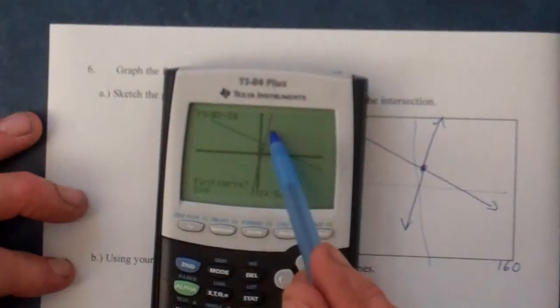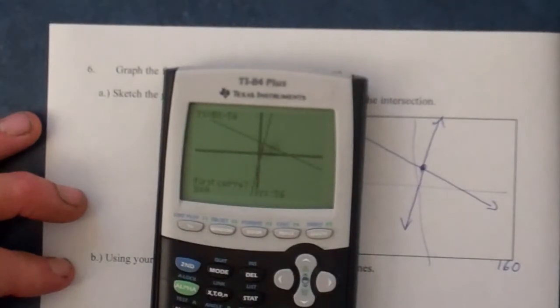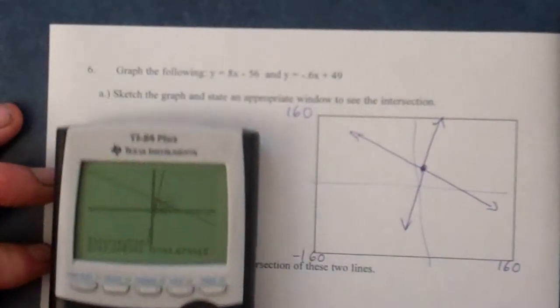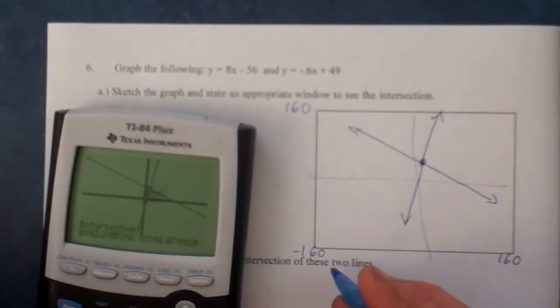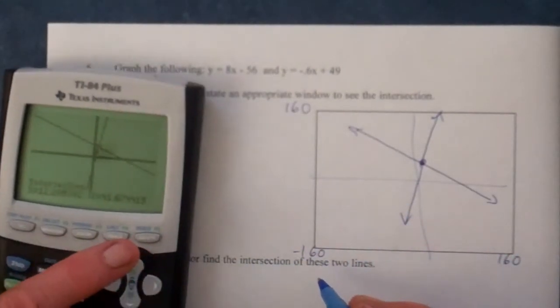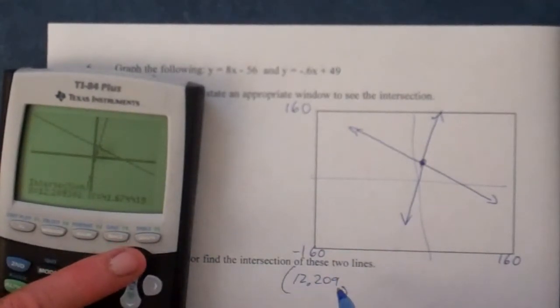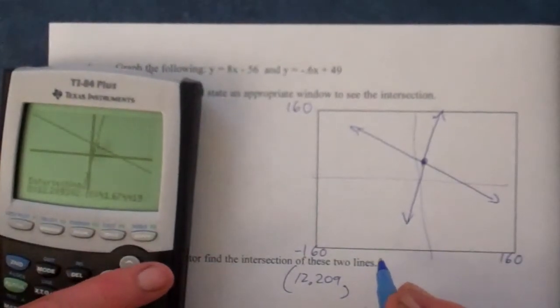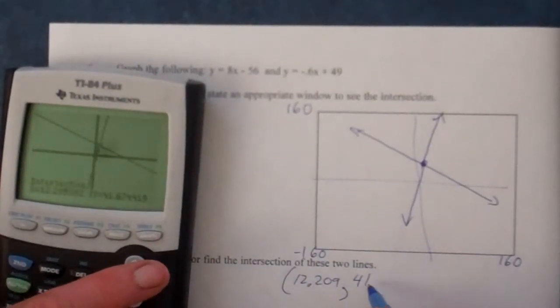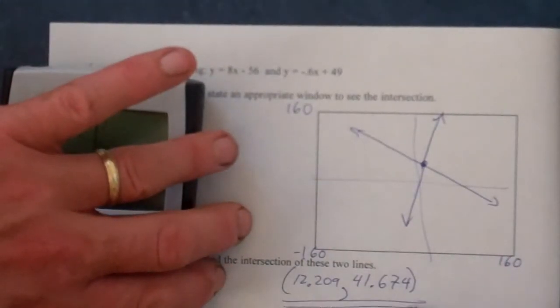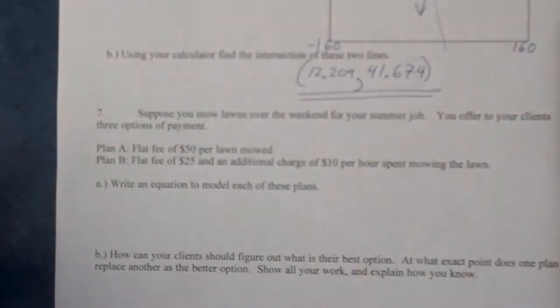As long as you've only got two lines, two equations, you just go enter, enter, enter. And it tells me that the intersection is 12.209, that's my x-coordinate, and then 41.674. Okay? So that's all you need to do is get as close as that.